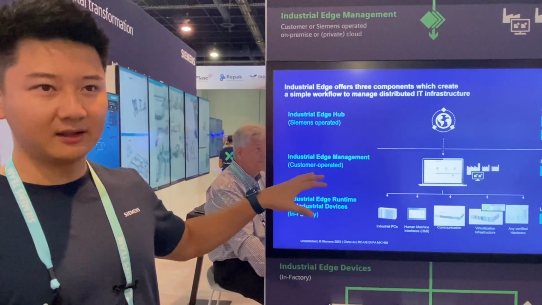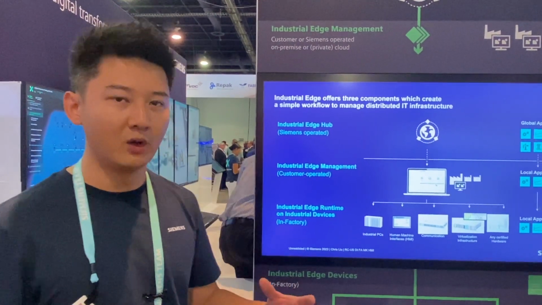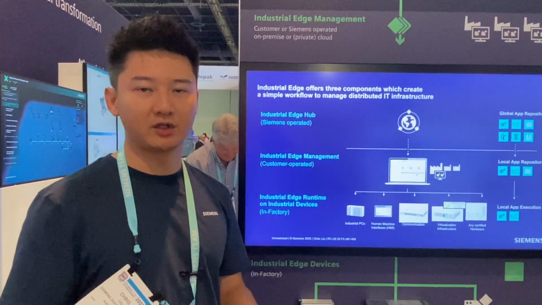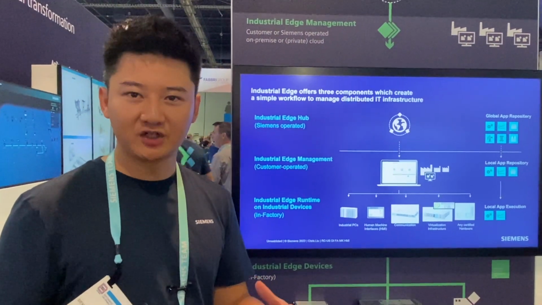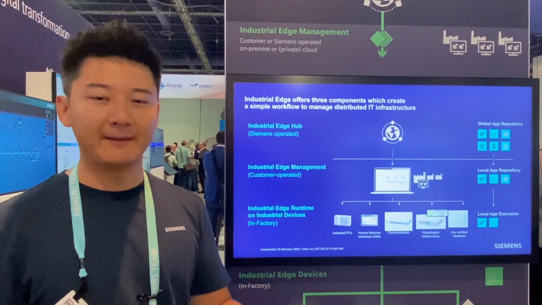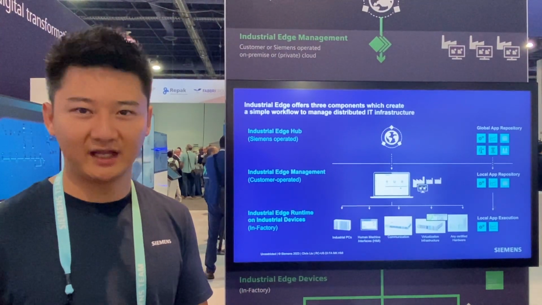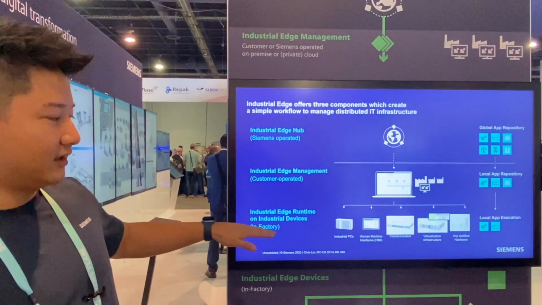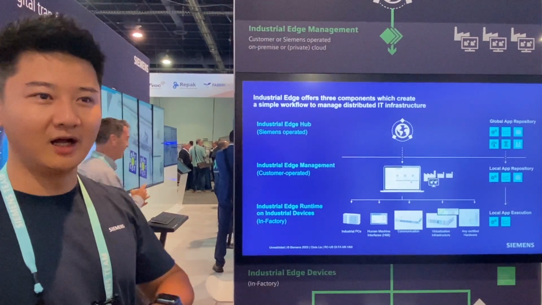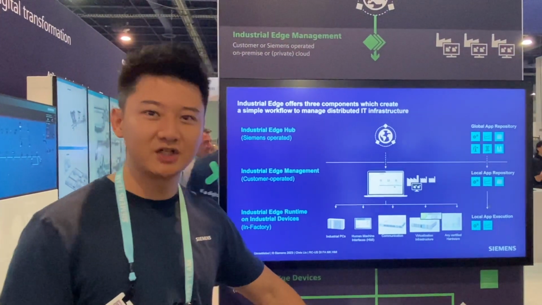This edge management system is pretty much your central management console, and also your local app repository to help you manage hundreds or even thousands of connected edge devices and the applications that you installed individually on the specific edge devices. And then at your factory level, on your production line, that's where all these edge devices are plugged in.